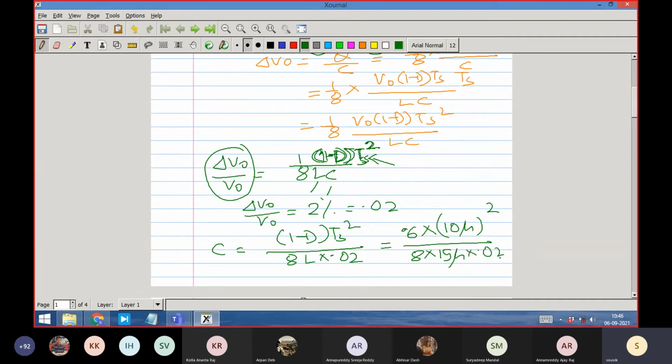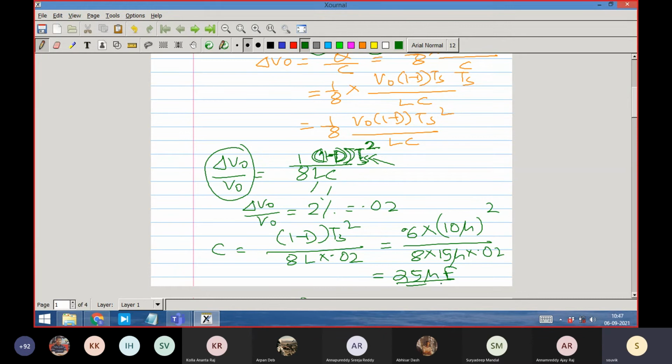So can anybody calculate and tell me what is this value? Yeah, I am getting 25 microfarad.